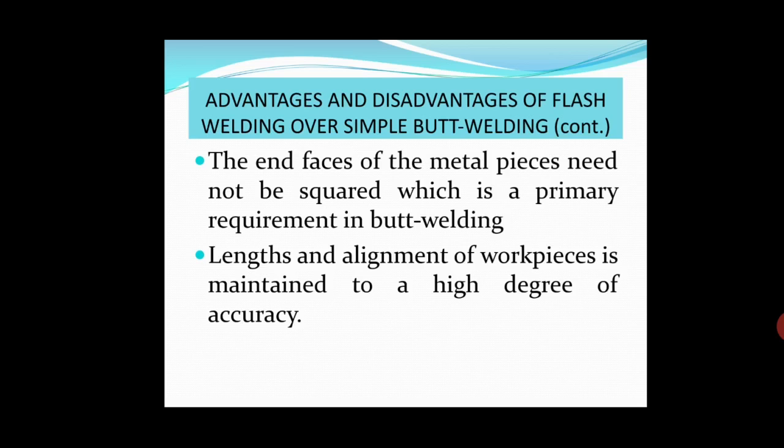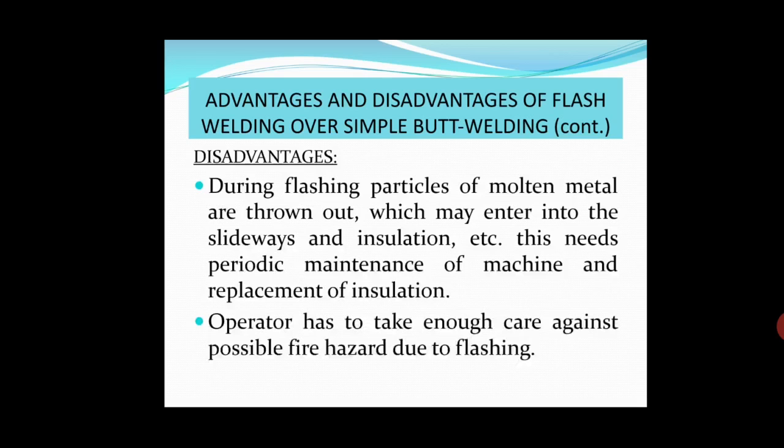In case of butt welding, you have to clean the end and prepare the cross section so that they will be exactly similar to each other. Lengths and alignments of the workpiece are maintained to a high degree of accuracy in case of flash welding.